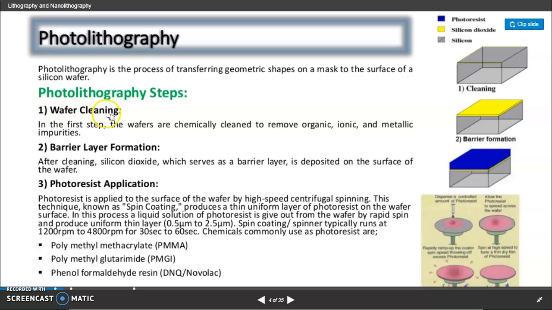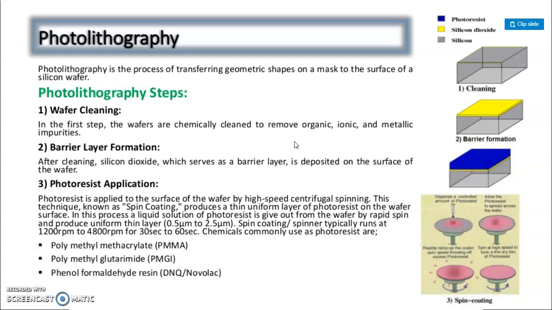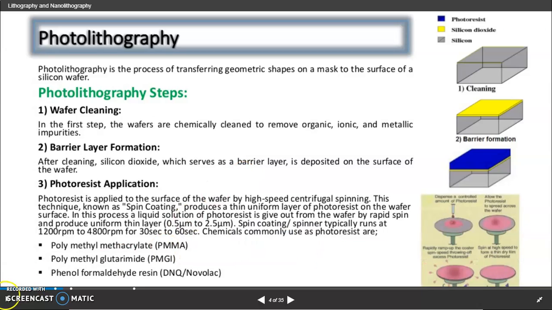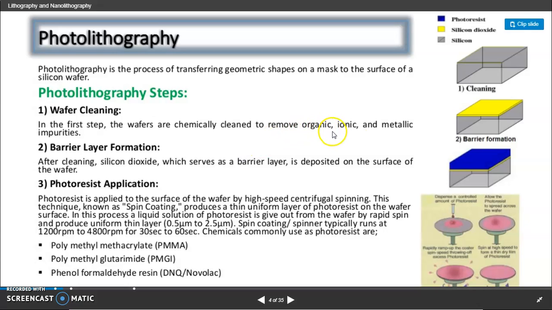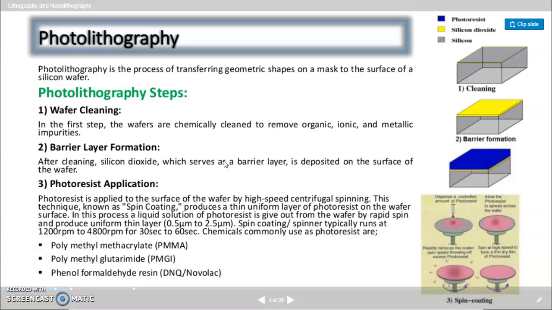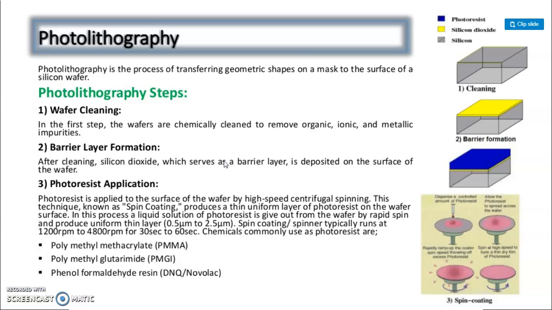First, the wafer cleaning process. In the first step the wafer is chemically cleaned to remove organic, ionic and metallic impurities. Then the second process, barrier layer formation.